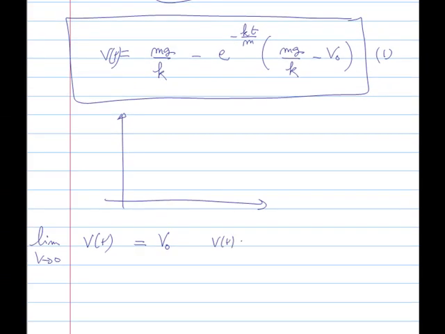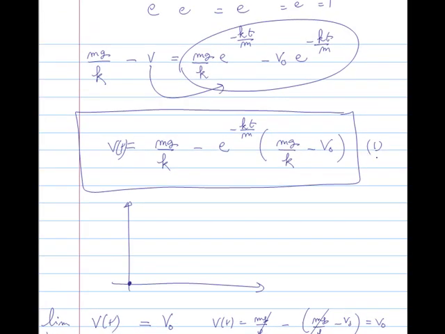So v of t is going to be equal to mg over k minus e to the 0, which is 1, times mg over k minus v naught. Now this term will cancel this term, and what's left is minus times minus v naught, which is plus v naught. So this matches what we started with.